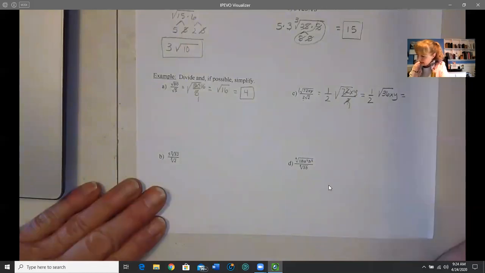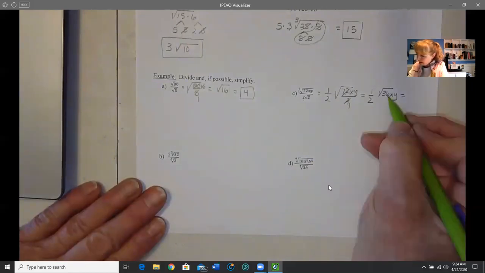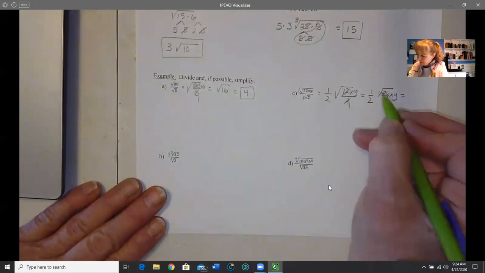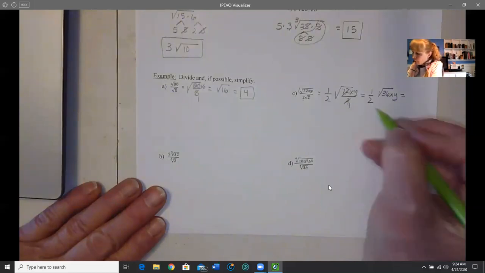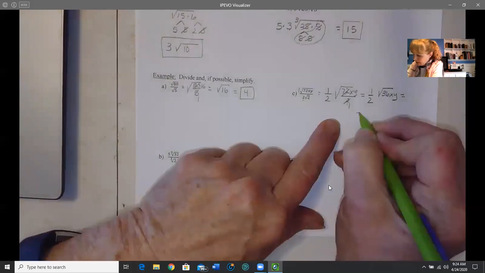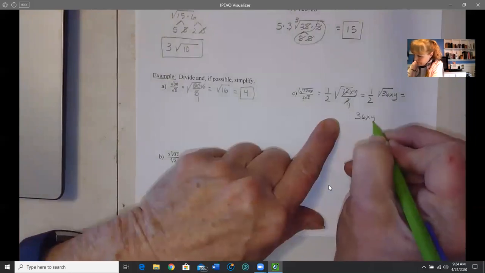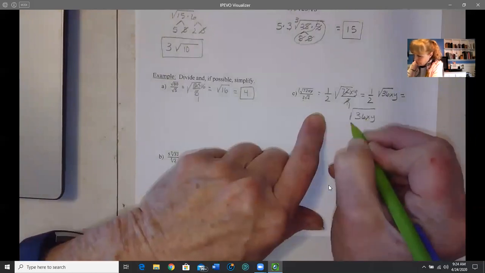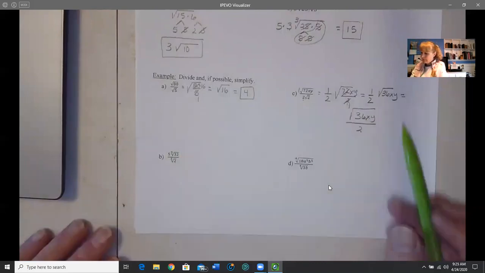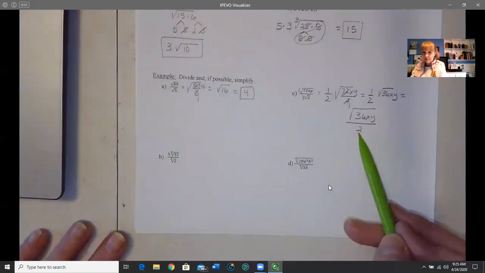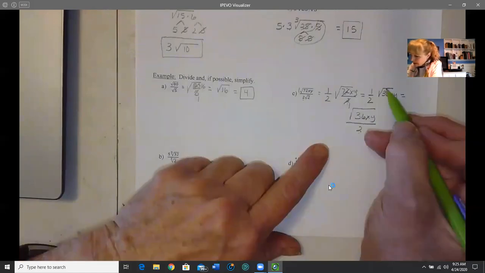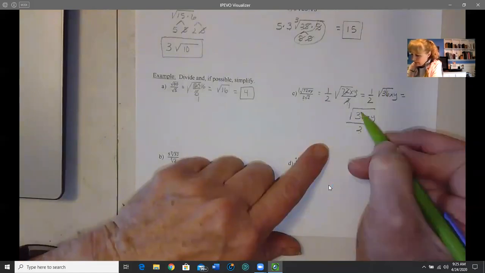So let's see, I've got the square root of 36. So I'm hoping this doesn't really confuse you. You could write this as this right here over 2. You know what I mean? 1/2 is the same as dividing by 2. Either way. But anyways, the square root of 36 is 6. It's going to come out.